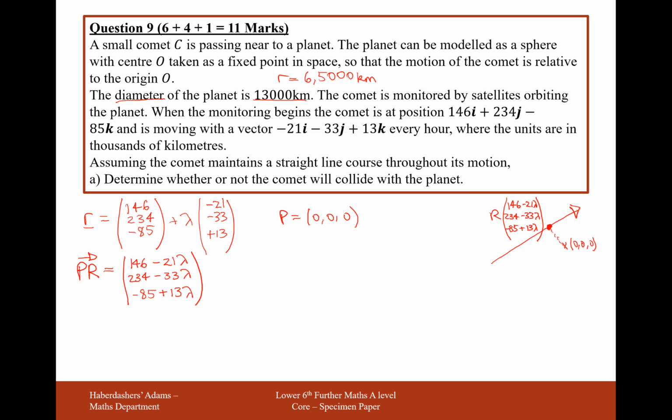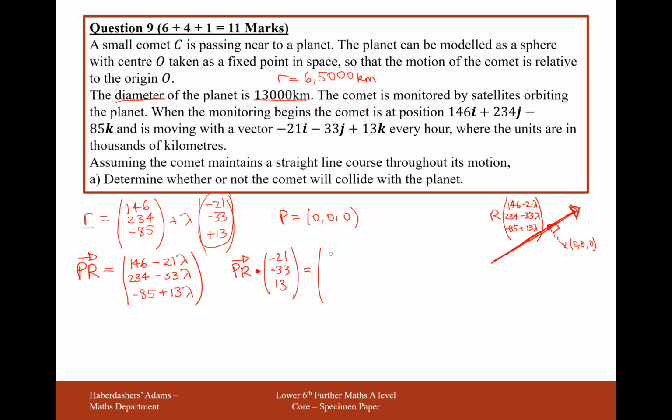Okay, so now what we need to do is do that dot product rule, and because the shortest distance will always form a perpendicular line, the dot product between these two is going to equal 0. So PR dotted with the direction vector of our line, and that's going to be (-21, -33, 13).